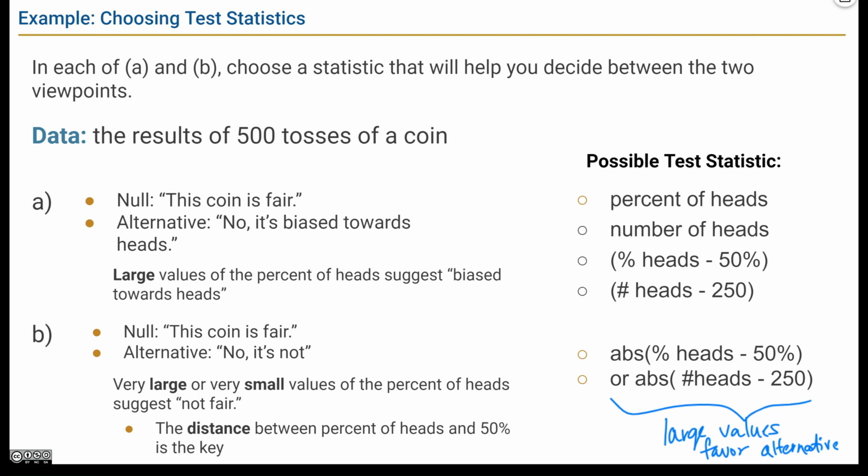So these would be possible test statistics. I think the key takeaway is if a direction is implied, then you can just use either straight up proportions or counts or differences without needing an absolute value. If there's no direction implied, if we're looking both ways, then you're going to need an absolute value somewhere in your test statistic.